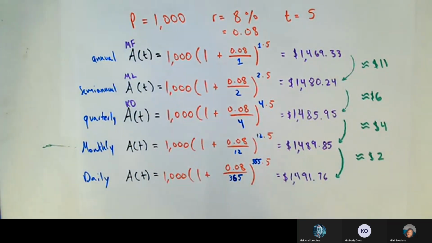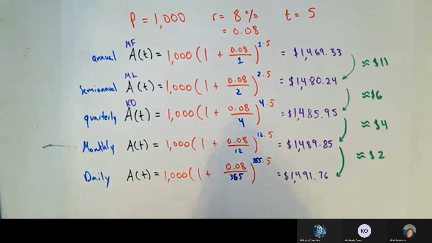In other words, if we took this n and made it like 100,000, the difference from 365 to 100,000 would be pretty much negligible. Once you get to high enough numbers, it stops increasing. It reaches a limit.